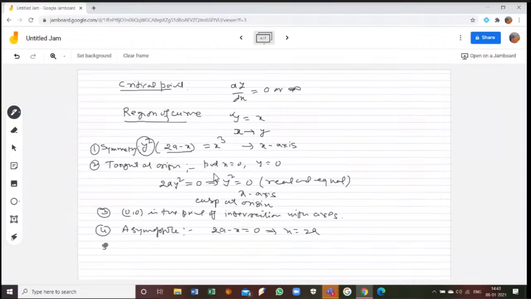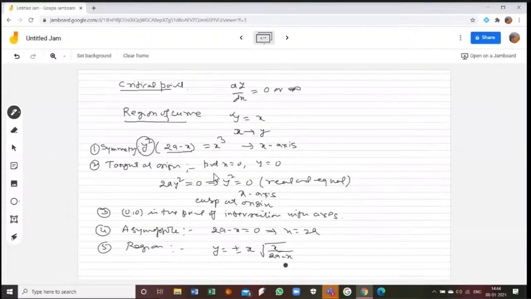And after that, let us consider the region of the curve. What is the region? Then you have to express this curve either in terms of x or y. So let us consider we are expressing this in terms of x. So y is equal to plus minus x square root of x over 2a minus x.